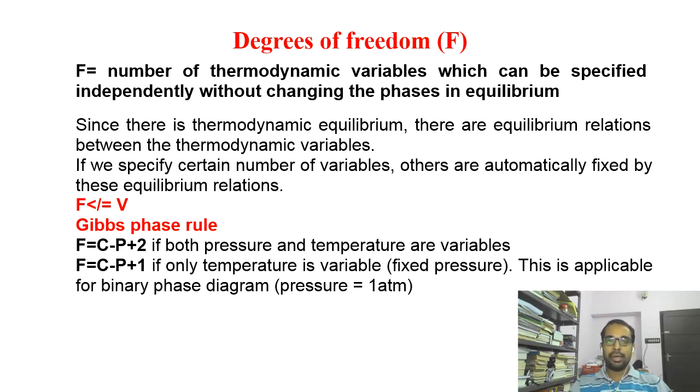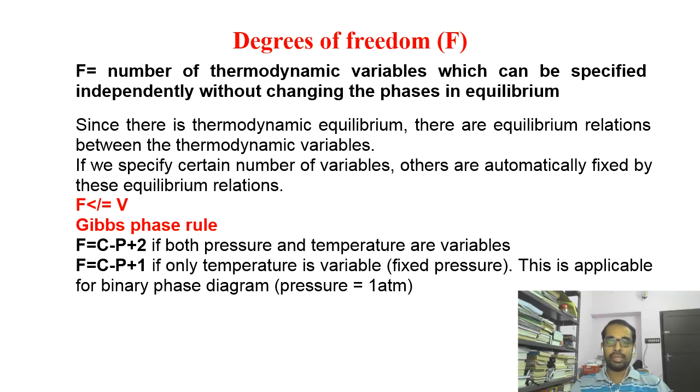That is, if we have a number of variables, V, the total number of variables, and if we specify a certain number of variables, then other variables are automatically fixed in order to have the equilibrium conditions.